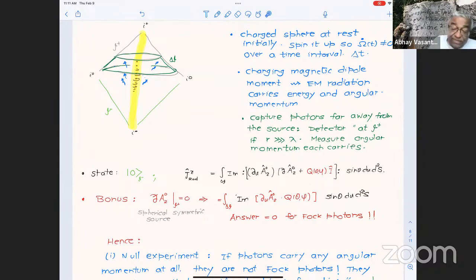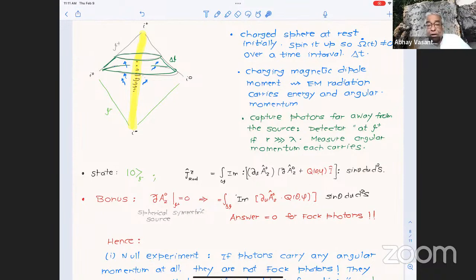Now, for those who are not familiar, null infinity is an idealization. It just means that your detector is far away from the sources. Basically, if it is at a distance r from the sources which is very much larger than the wavelength of the light that is emitted, then you can use the null infinity approximation.